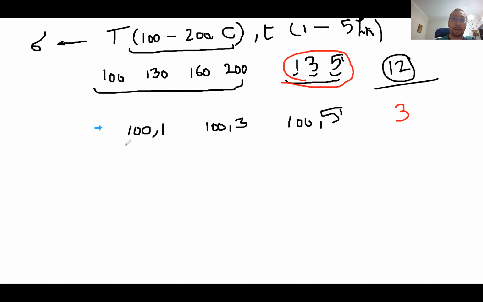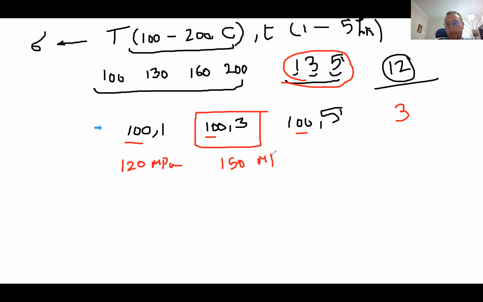I've kept the temperature as a control variable, and I measure the strength of each of these 3. Let's say I get 120 megapascal, 150 megapascal, and 140 megapascal. So I may naively say, perhaps then 3 hours is the best, because I kept 100 the same and the hour was the only variable changing.